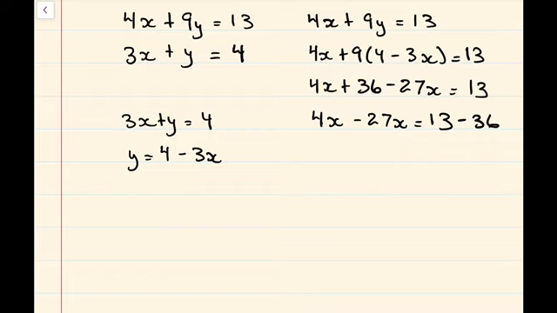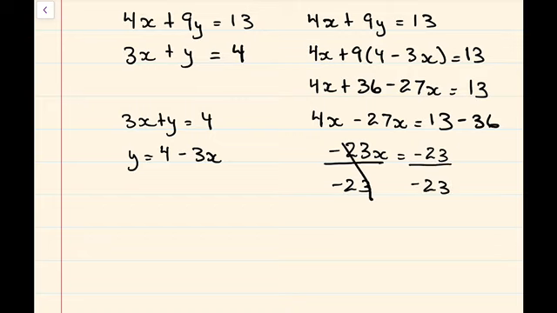And 4x minus 27x is just going to give us negative 23x. And 13 minus 36 is going to give us negative 23. Now to solve for x, we're just going to divide negative 23 on both sides. And we can see that they cancel out, and x is just going to equal 1.